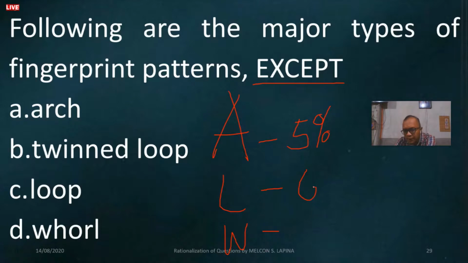And then the loop, we have 65%. So, it could be 60. Basta malapit yan sa 65, then that is our answer. In fact, merong isang board question na ang nandun ay 60%. So, loop pa rin ang sagot natin dyan, kahit na ang sabi ng FBI, 65%. Because we are talking of approximation, of range or estimation.